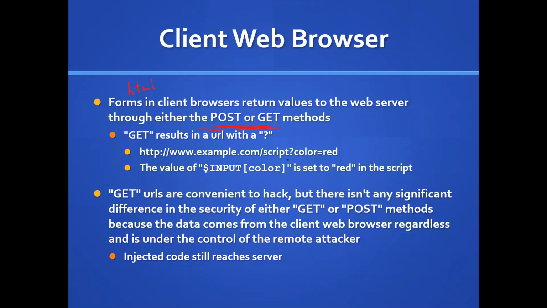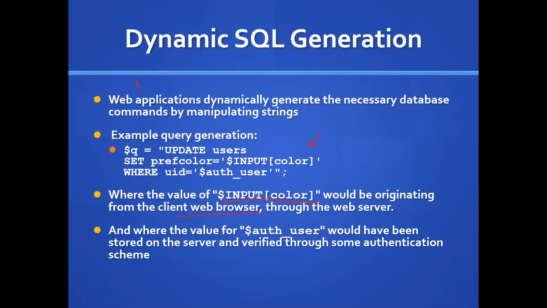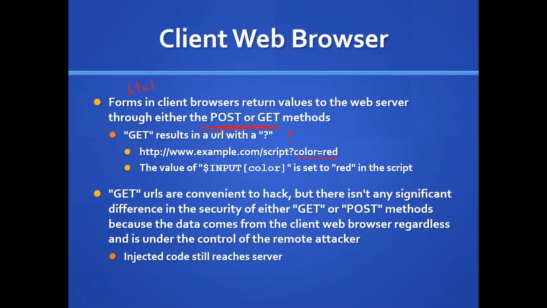So for instance, example script, question mark, and then the variable here, color equal red, which is the one that we have over here, and that's the problem. The value of input color is set to red in the script.